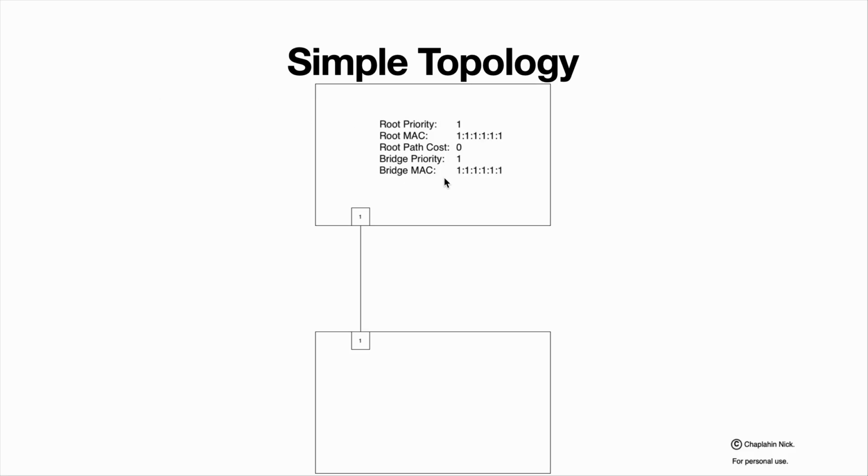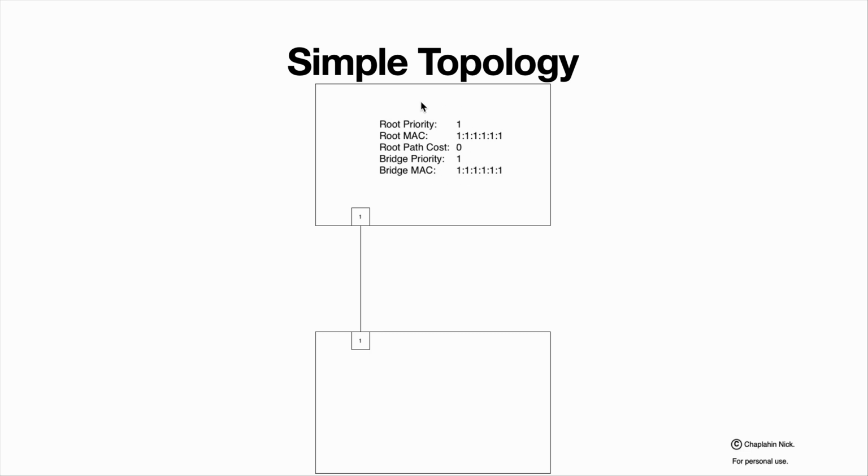Okay? To simplify, those are not real numbers. Real numbers you will see in the standard. The standards provide boundaries in which those numbers are supposed to be. Anyways, just to display how this calculation happens. Root priority 1, root MAC all ones, because bridge priority 1, bridge MAC all ones.